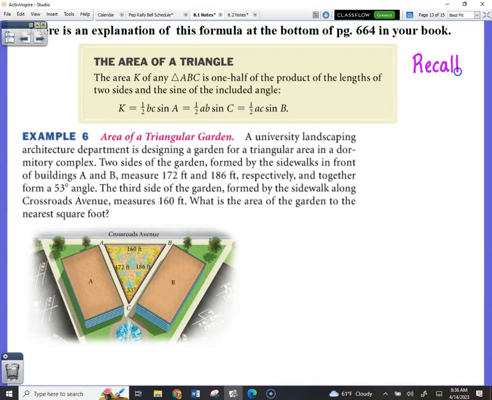Recall that the area of a triangle, do you remember the formula from middle school? 1/2 base times height. If you don't remember that, it's no big deal. I just wanted to see if you recall that. By the way, that formula comes from the fact that if you have any given rectangle, you with me?